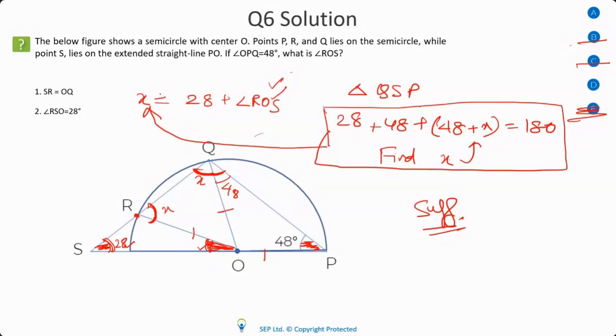If you have confusion, separate the triangles if you have to. Like when I was doing 48, 48, I separated it to look at it, right? When you're looking at ROS, think about ROS only, and think, okay, internal, I cannot do anything, but is there any external that is present or not? The moment you ask yourself, you'll be able to see an external angle. The thing is that you need to ask. If you don't ask, you will never be able to see it, guys.